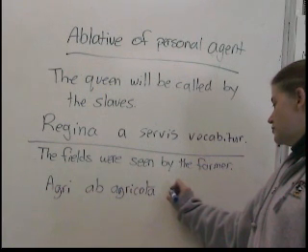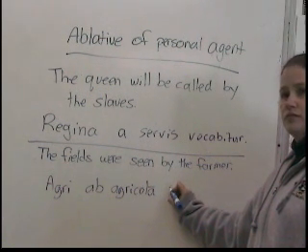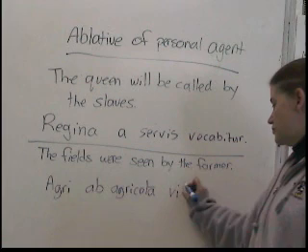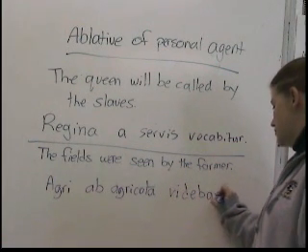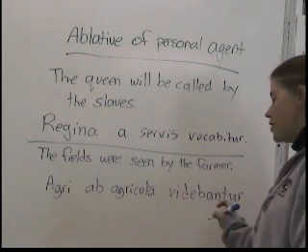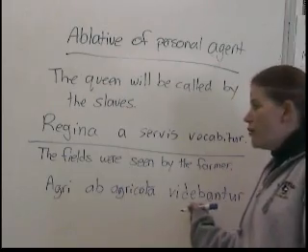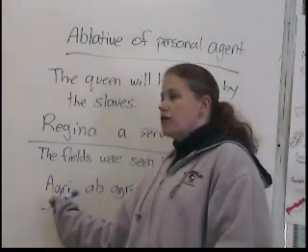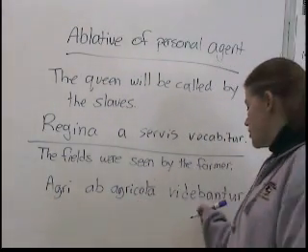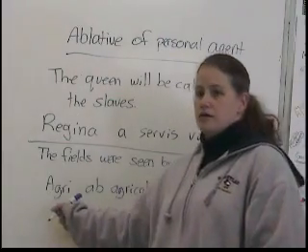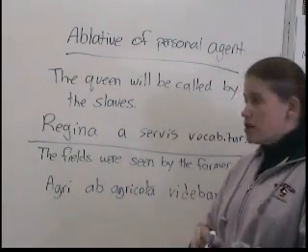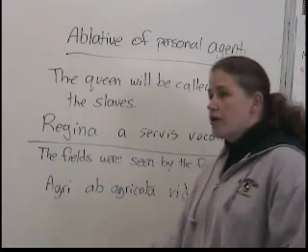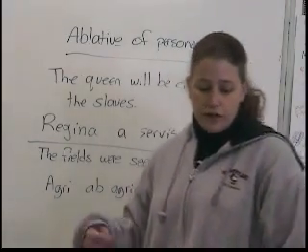Let somebody else try. Videntur. Now notice it's videntur, because the fields are plural. It doesn't matter that the farmer is singular. The verb has to agree with the subject. So that's ablative of agent. Your homework is to finish drill 22 to 23.